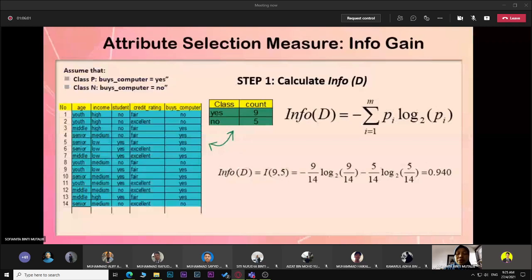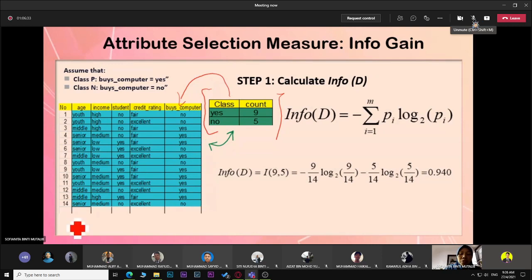So this will be the first step for information gain. How do I get this one? Any idea? Okay, very good. You just refer to the class. Imagine the class label is whether completed or not. How many belong to yes, how many belong to no? You see the count here.